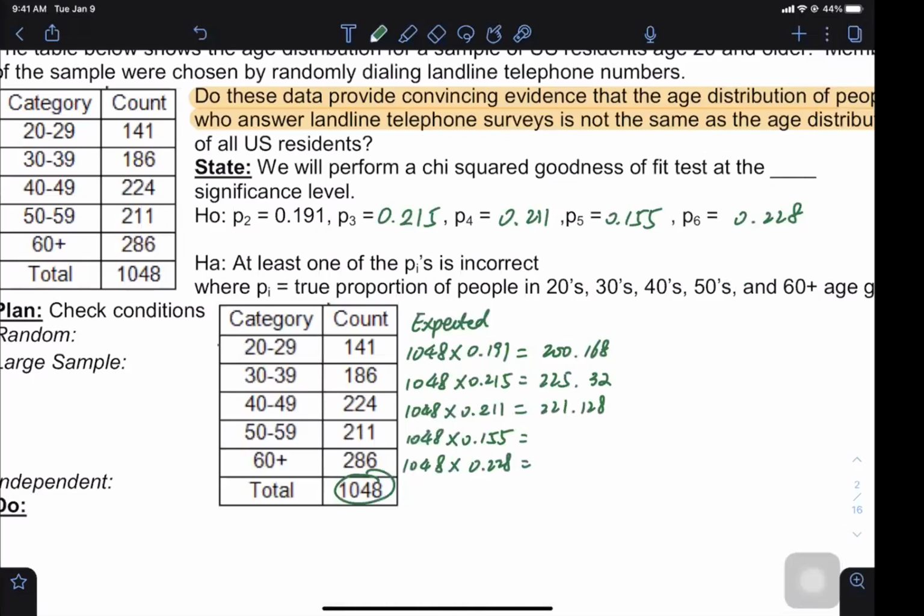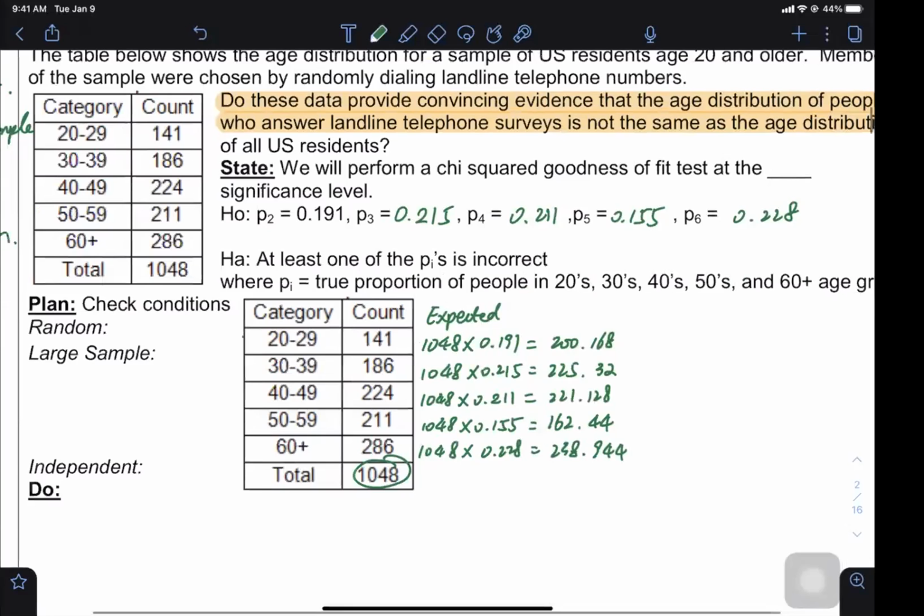Then 162.44. And 238.944. So those are the expected counts that we should use.